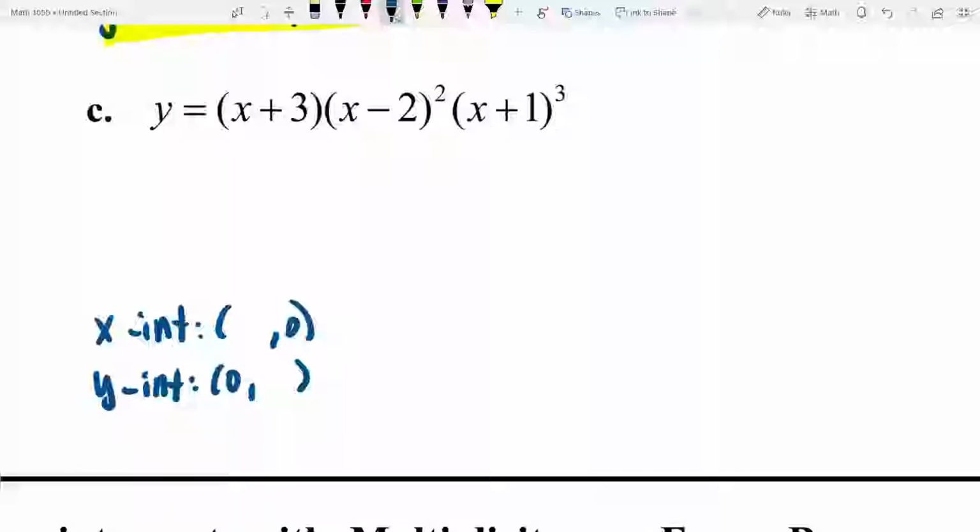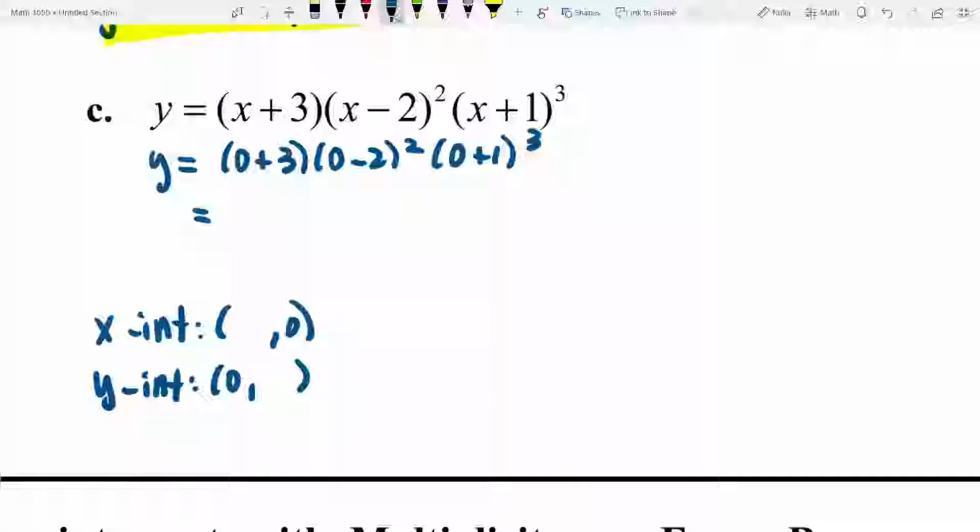Let's do y-intercept. So everybody go y equals 0 plus 3 times 0 minus 2 squared times 0 plus 1 to the 3rd. You guys, if you put that in your calculator exactly the way you see it, you would get an answer of 12, and that would be acceptable.